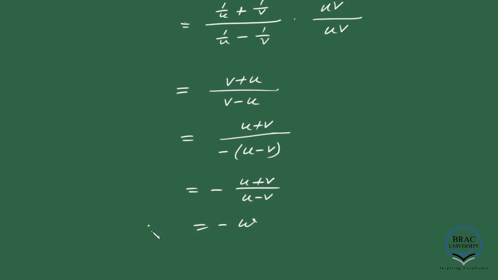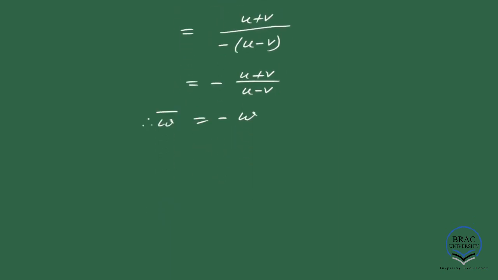So we started off with calculating the conjugate of w, and we found that it spits out a negative sign and it results in negative w. And that satisfies the condition for checking whether a given number in the complex domain is imaginary.